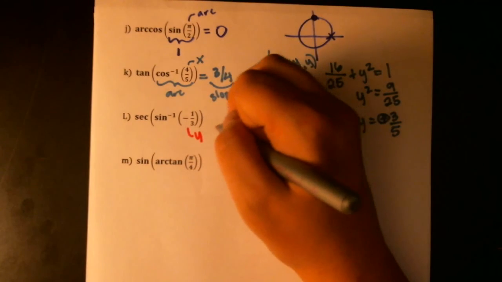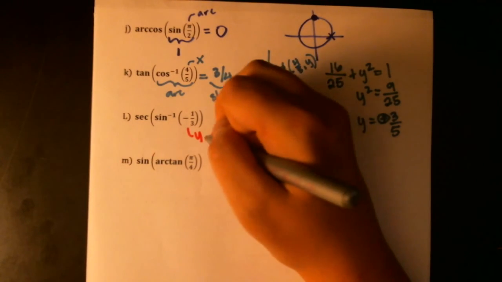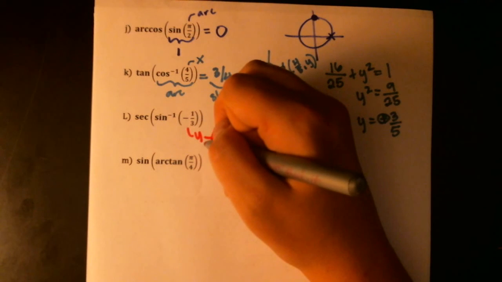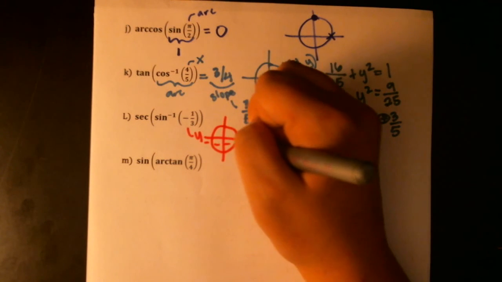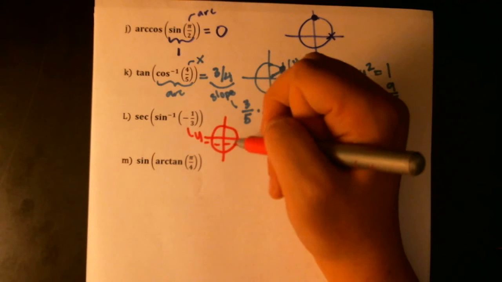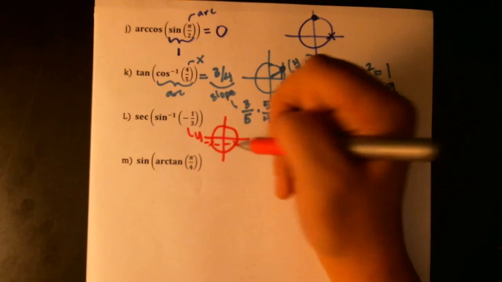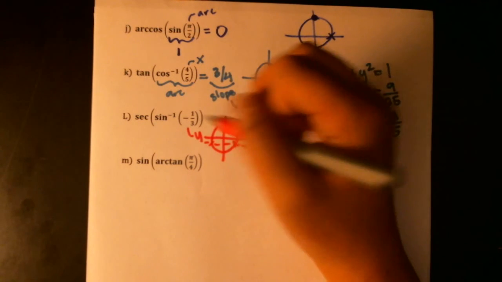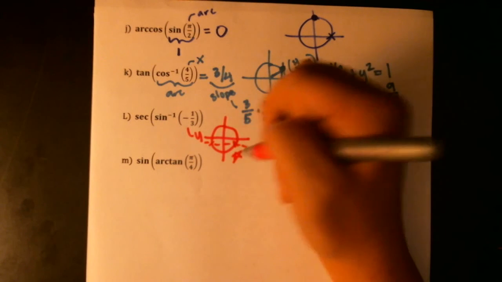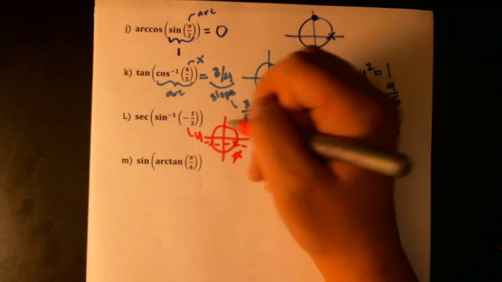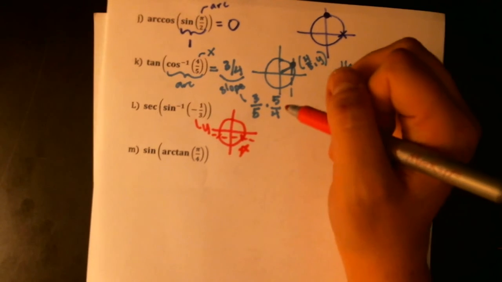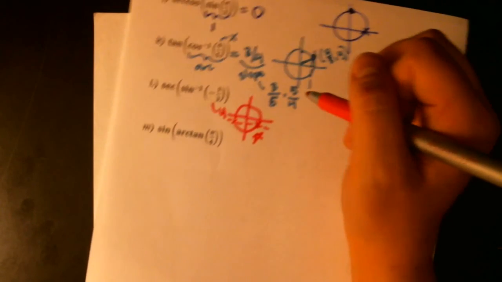So let's see. If we are picturing the unit circle, y value of -1/3, I could be in quadrants 3 or 4. Because this is inverse sine, it's going to choose quadrant 4. Specifically, I'm between -pi/2 and pi/2 with a y coordinate of -1/3.